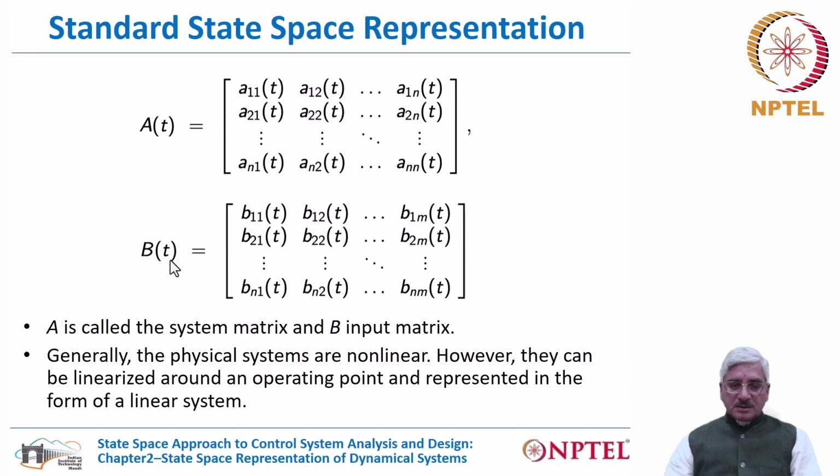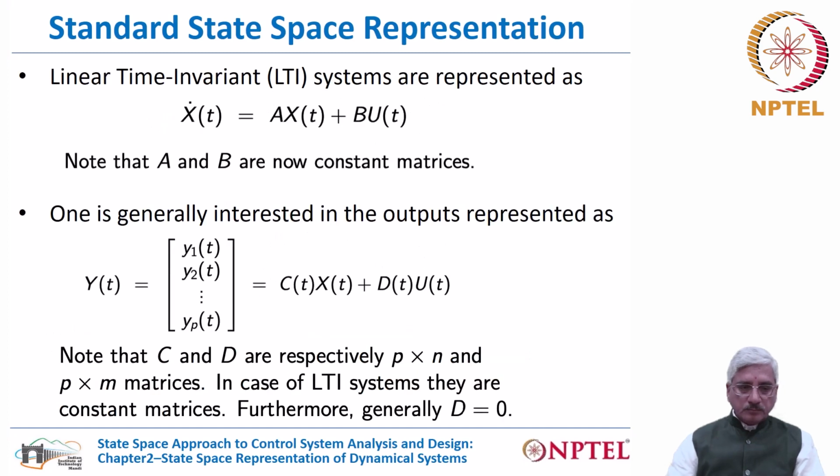If the system encountered is a nonlinear system, it can be linearized around the point of equilibrium or any other operating point and represented in the form of the linear systems given in the previous slide: x dot equal to Ax plus Bu. We may come across situations in which, besides being linear, the elements of the system matrix and the input matrix do not depend on time.